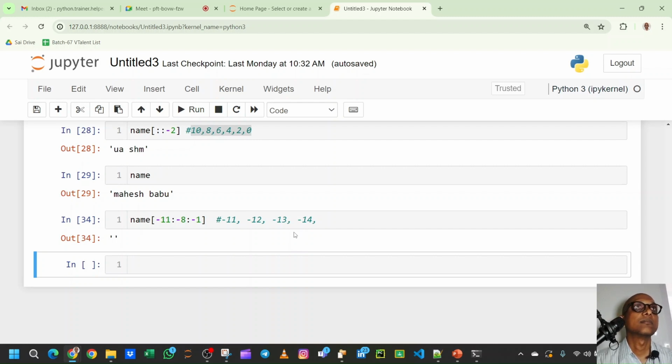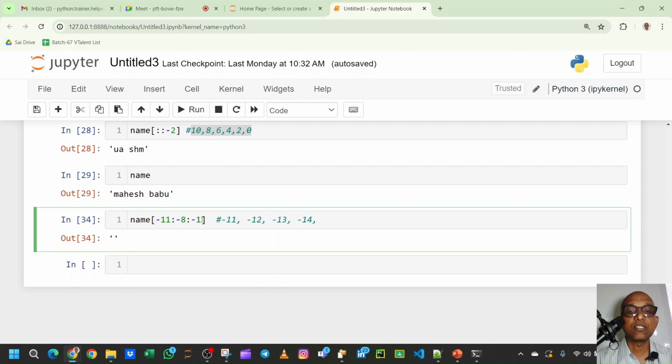Clear? The default incremental value is always 1, whether you're using positive indexing numbers or negative indexing numbers. If you want, you can mention a step, for example, 2. So then what does it mean? Can someone tell me?